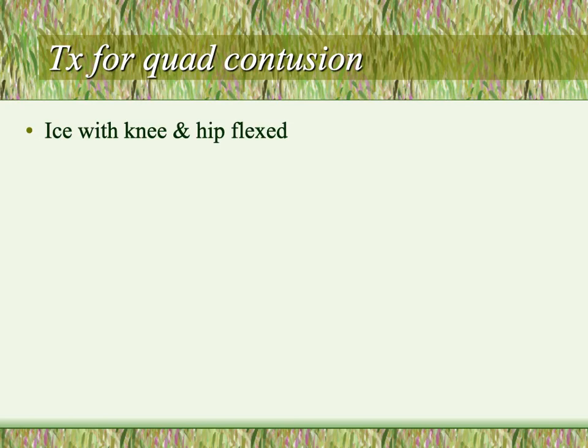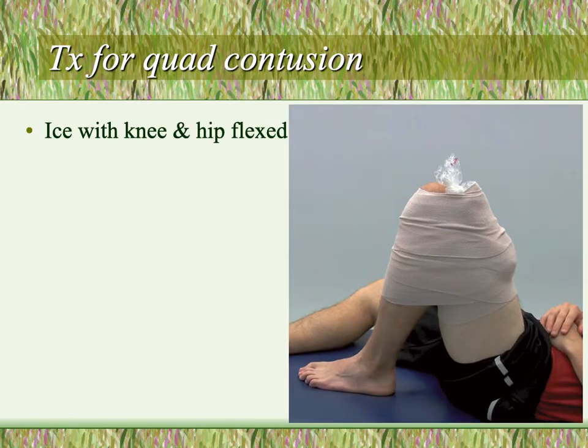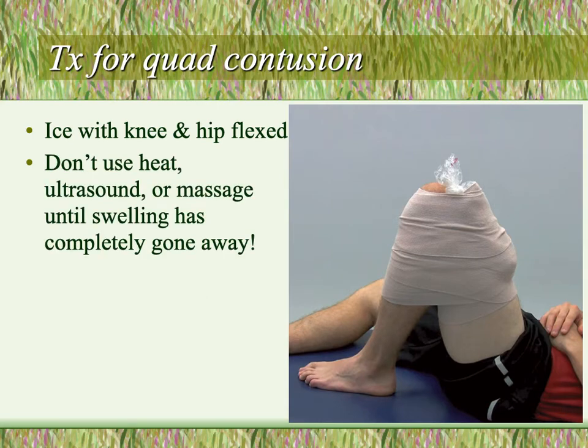Our quad contusion treatment: ice with the knee and hip flexed, like this picture is showing. We don't want the knee straight when we're icing the thigh, even with a strain. We don't want to use heat, ultrasound, or massage until the swelling has completely gone away.